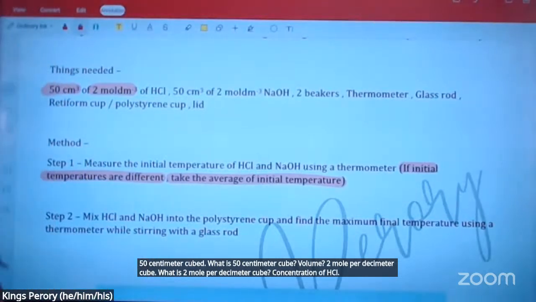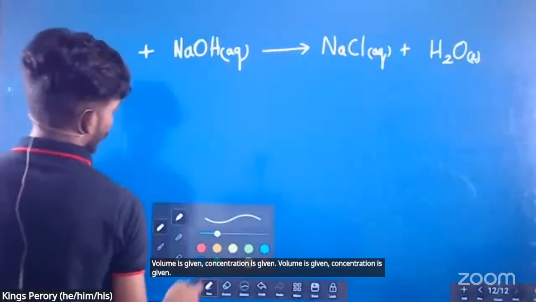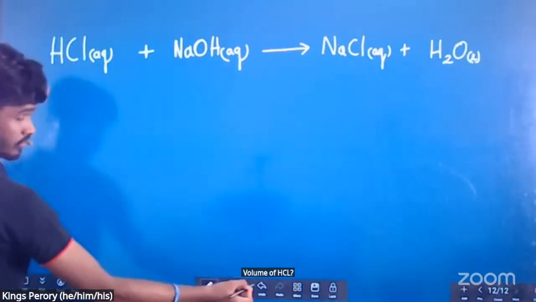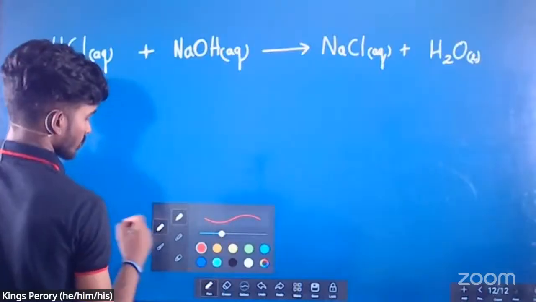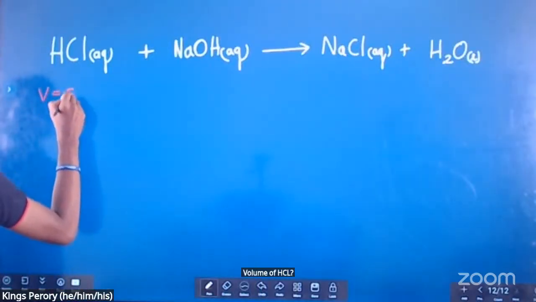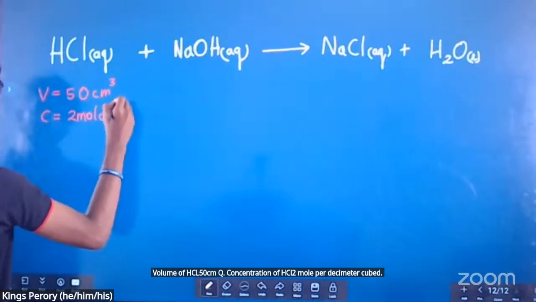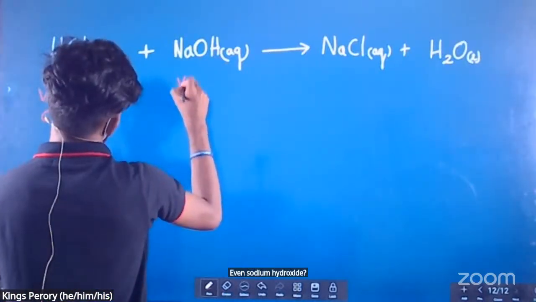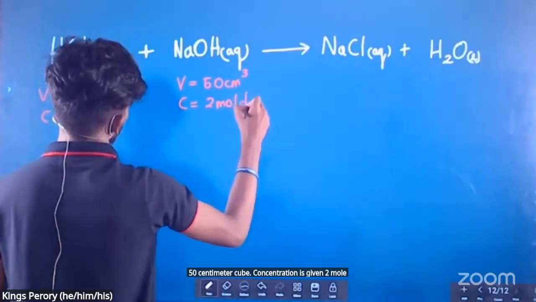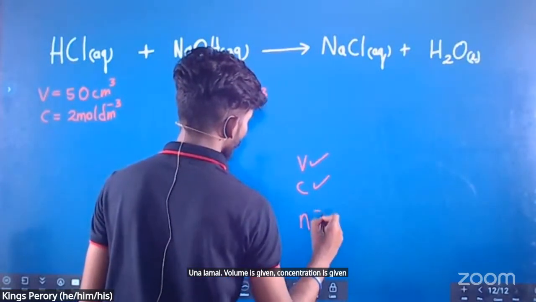Even for sodium hydroxide, volume is given, 50 centimeter cube, and concentration is given, 2 mole per decimeter cube. But I don't know the number of moles.